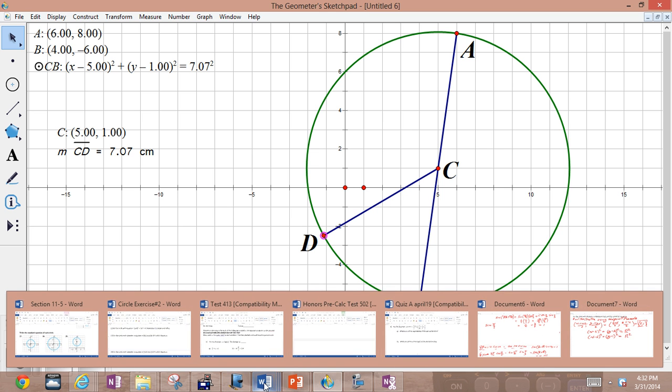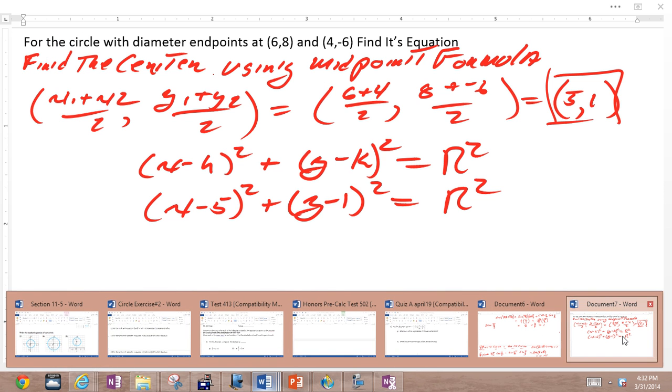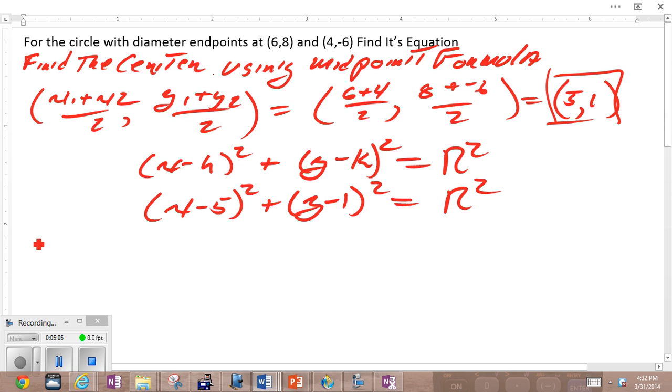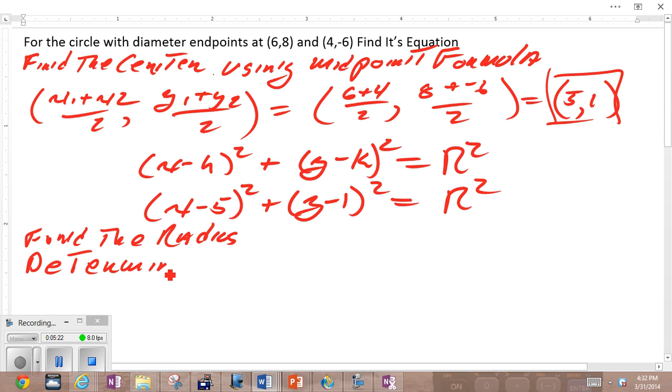So we're coming back. We're going to finish this up. Find the radius. All we're going to do for that is determine the distance. Help if I knew how to spell it, right?